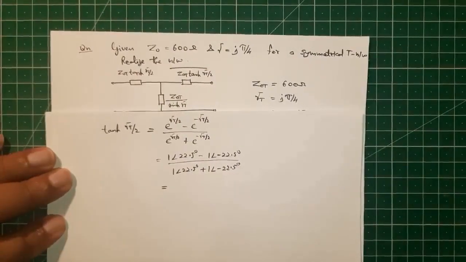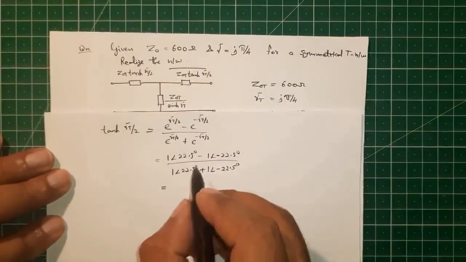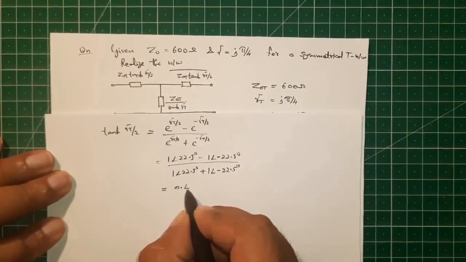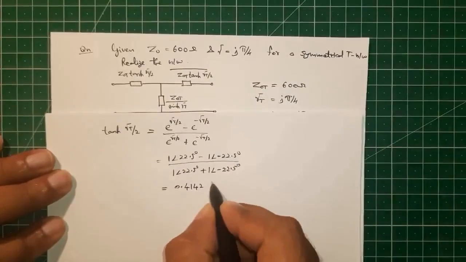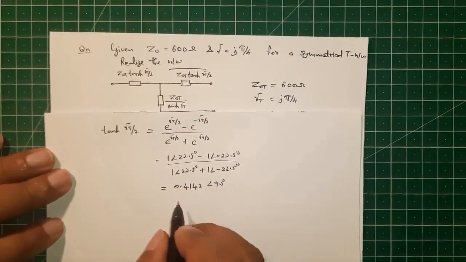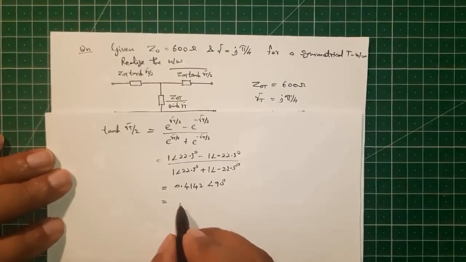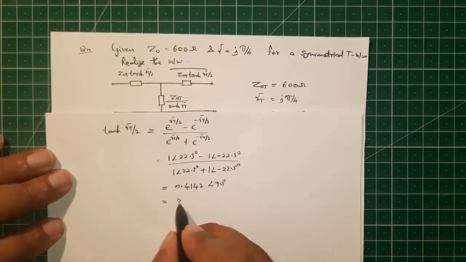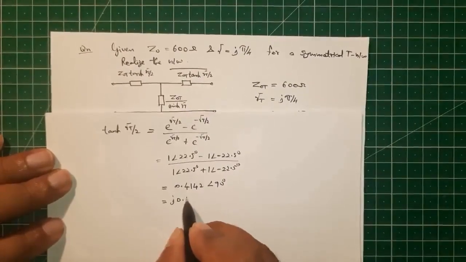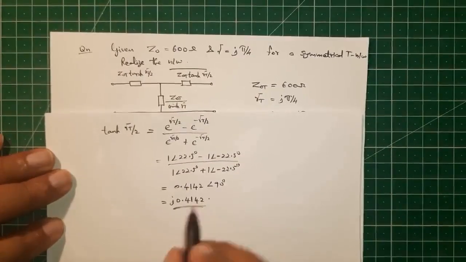On simplification, we will get this as 0.4142 angle 90 degree. So in complex notation, this will be j 0.4142.